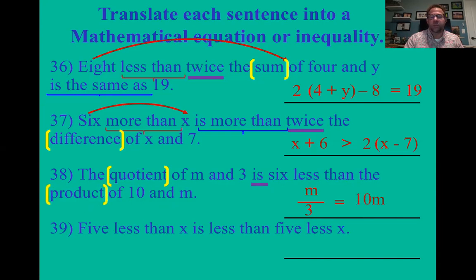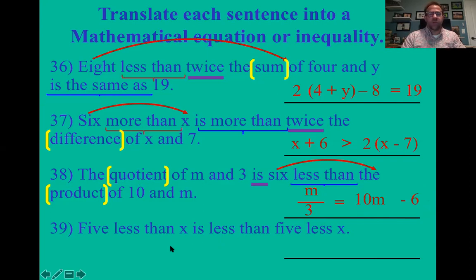The product of 10 and m, 10 times m, and then 6 less than, there's that special combo, 6 less than, so that 6 is going to go to the back, and it would be minus 6. So we have m divided by 3 equals 10m minus 6. The quotient of m and 3 is 6 less than the product of 10 and m.